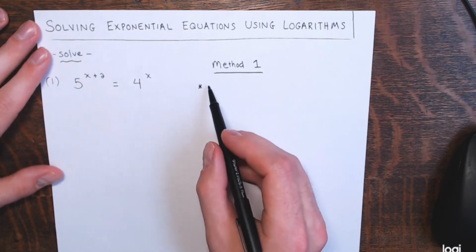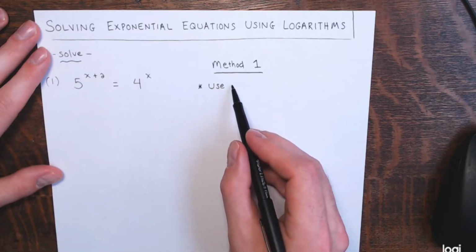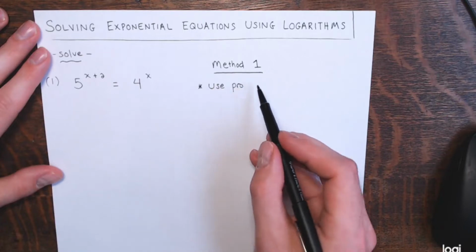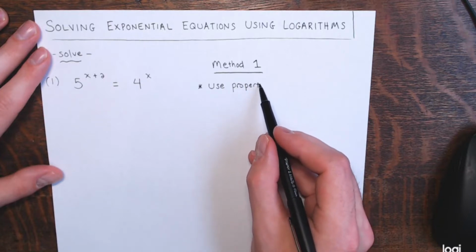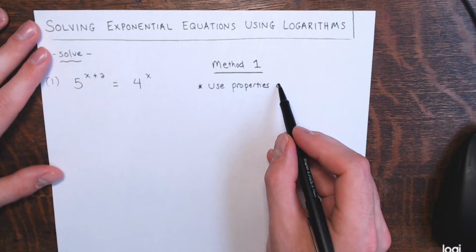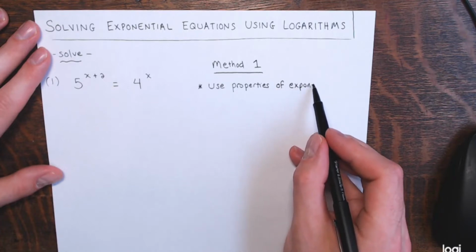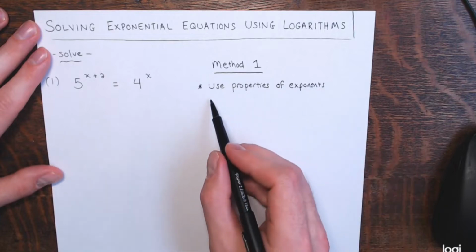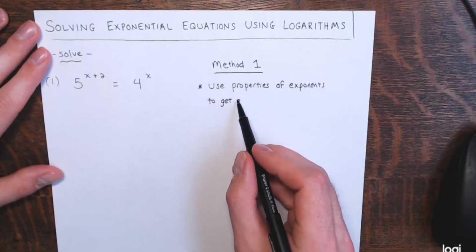So the first step of this method is I'm going to use properties of exponents, laws of exponents, rules of exponents that I'm assuming you know, to get the equation to look like the following.